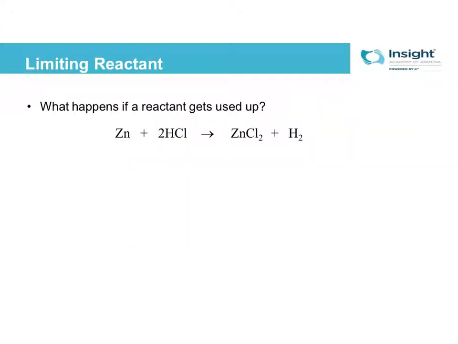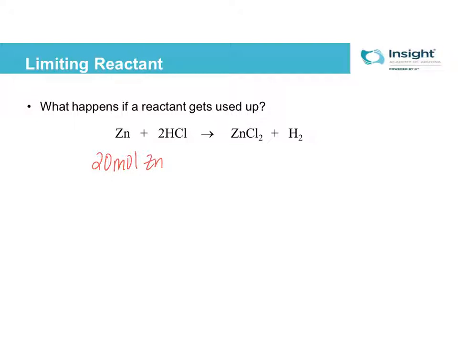Another thing I want to discuss with you before moving on is the concept of a limiting reactant. So, what happens if, say, you have unlimited zinc, let's say you have 20 moles of zinc, but only 2 moles of hydrochloric acid?